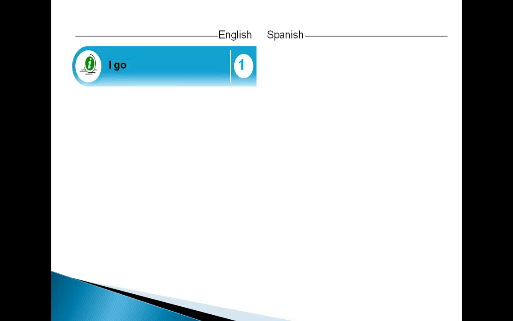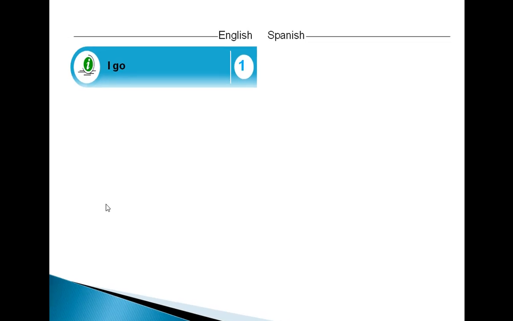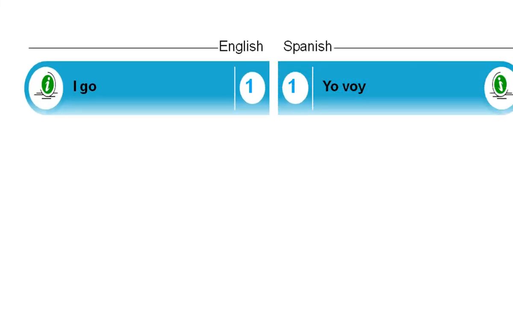Let's try using them in some sentences. I want to say I go. It can be yo voy, or if you meet a native Spanish speaker, they'll simply say voy. Yo voy is perfectly fine, there's no harm in it. But they'll say voy, which means I go.